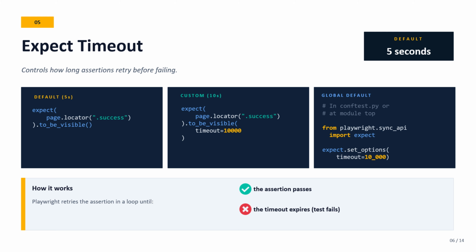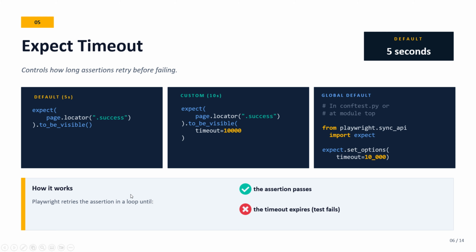Again, it depends totally on your scenario. Either you can go with the default or define a custom one, because in some cases there are elements which take more time than the default. So you need to wait there, right? Then we have a global, which is the default. And again, you can set it like this: expect.set_options and timeout equals 10. Now how it works: Playwright retries the assertion in a loop.